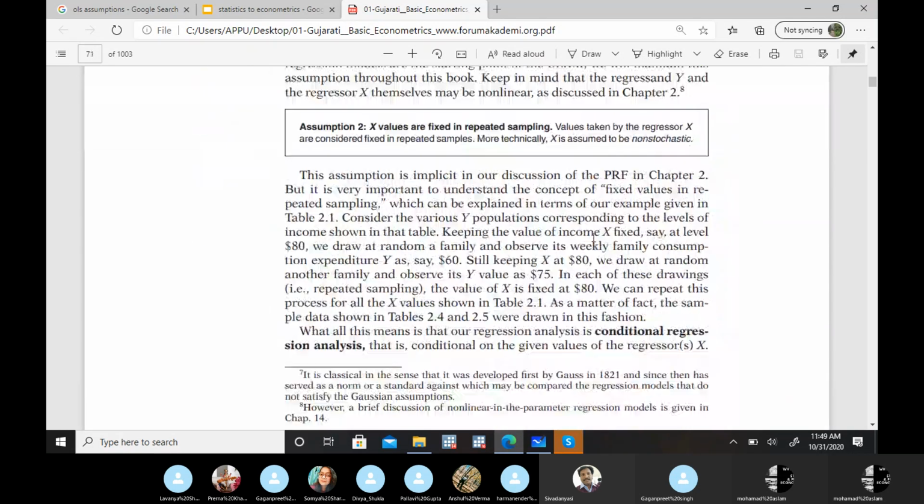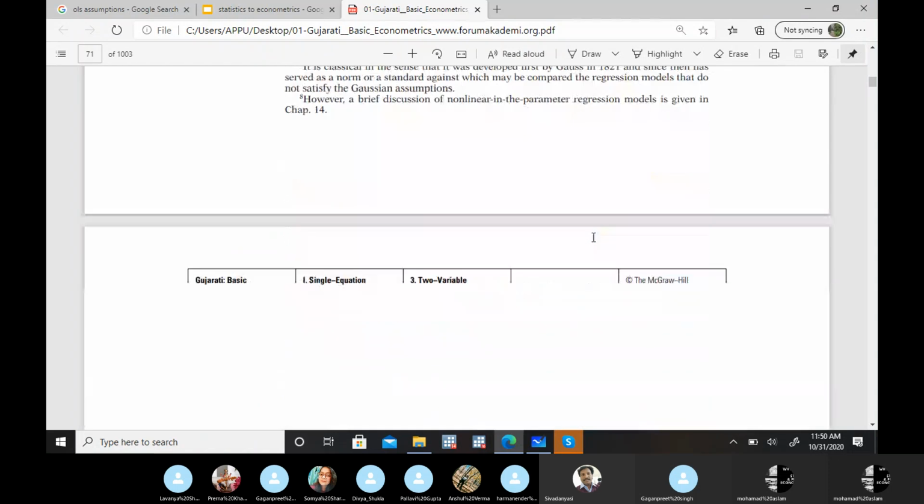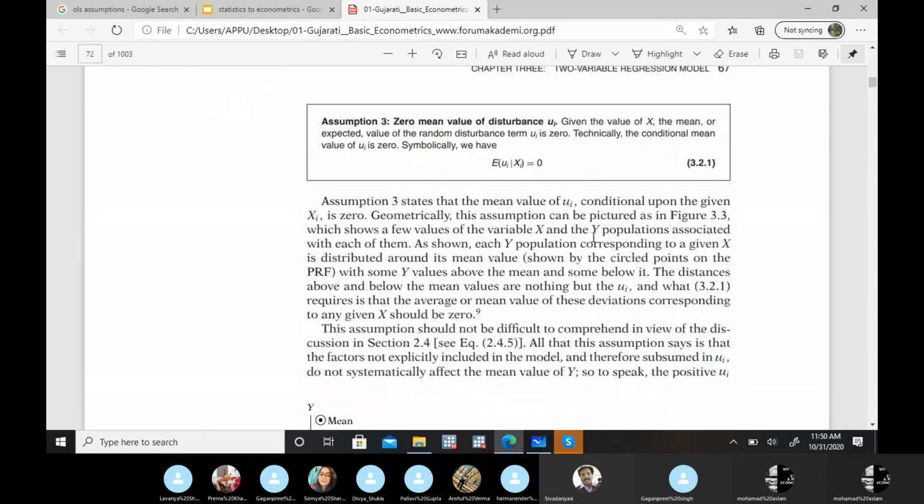I hope you got this point. There are many implications of this particular assumption in the derivations and properties, and there I'll give you this explanation again: this assumption is required for theoretical proofs. Then third, zero mean value of the disturbance term.